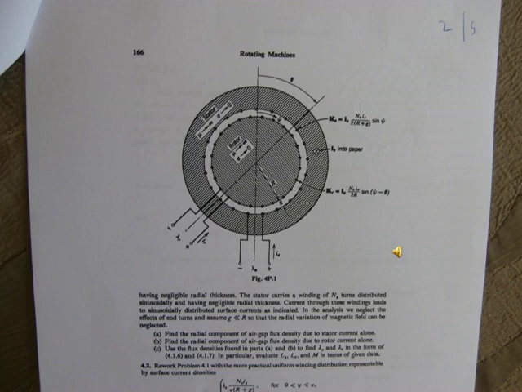We have to determine L_s, L_r, and M. So those values have to be determined for the given stator and rotor of the electrical machine, so that we solve this problem. With the stator currents alone, in this case we can determine the H_rs, which will be the magnetizing force.